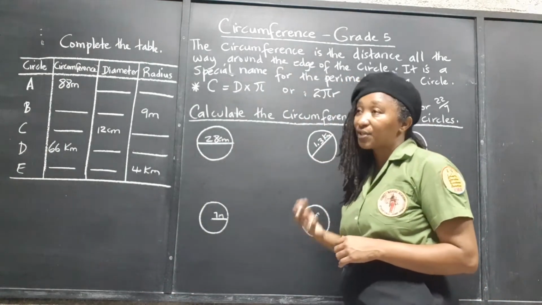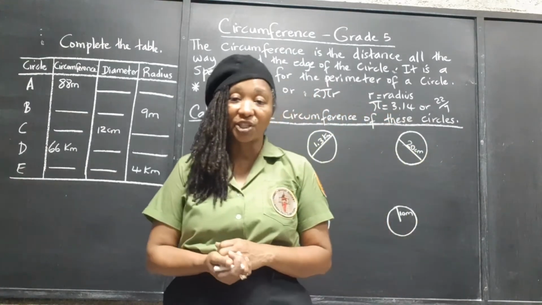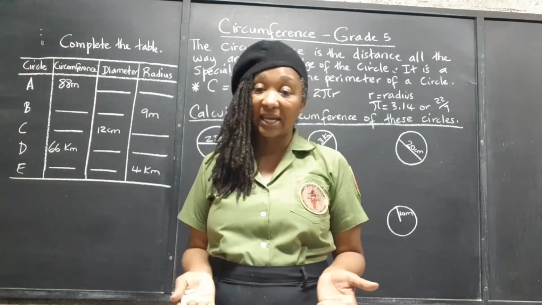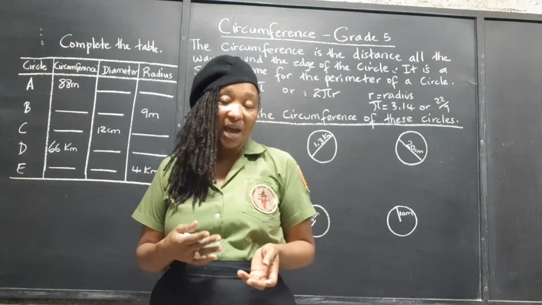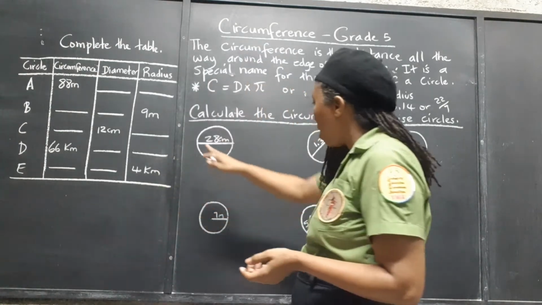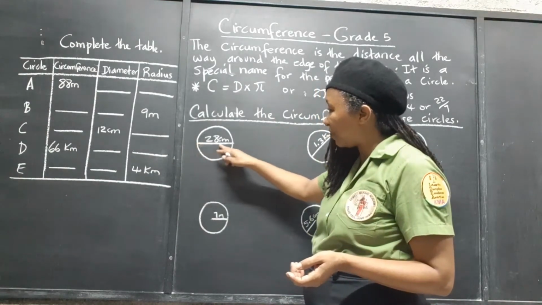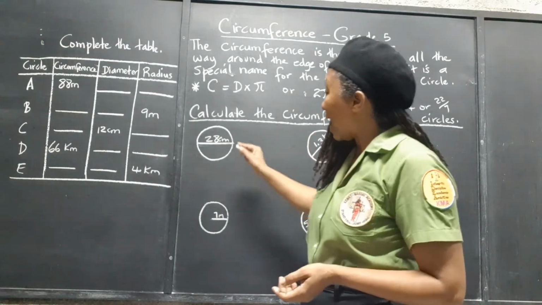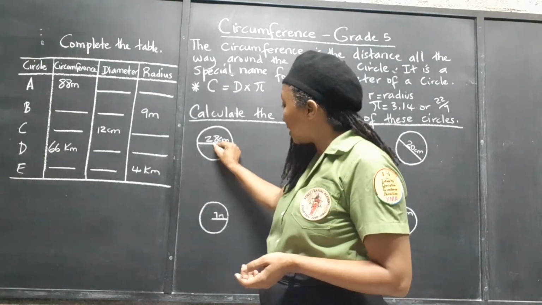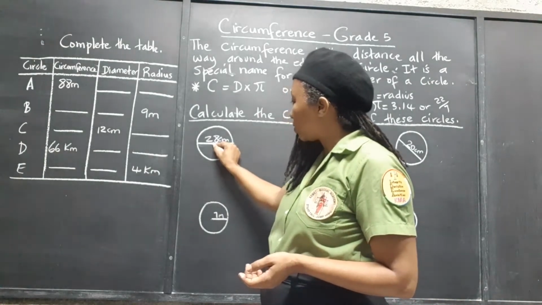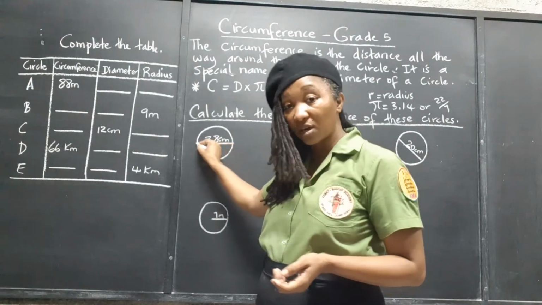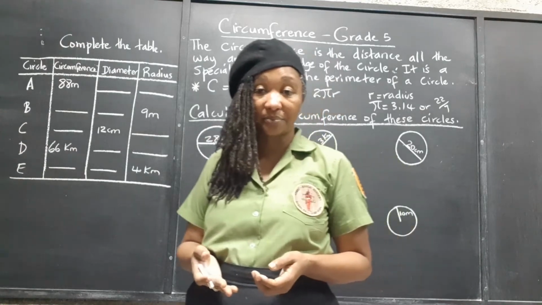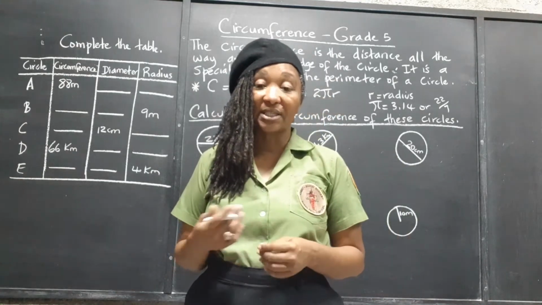Now, we also did a video on the relationship between the diameter and the radius. And we said, since the diameter is the distance all the way across the middle of the circle, the longest chord in the circle, and since the radius is the distance from the center to either end of the circle, that means the radius is half of the diameter.